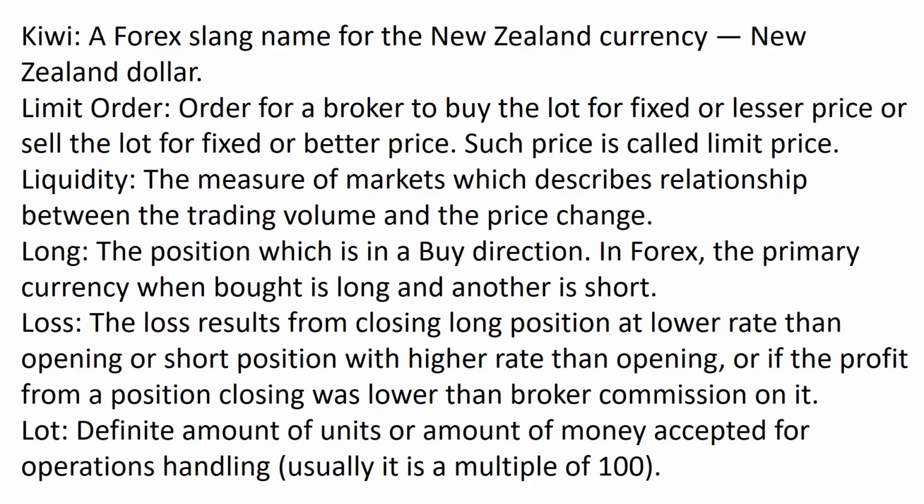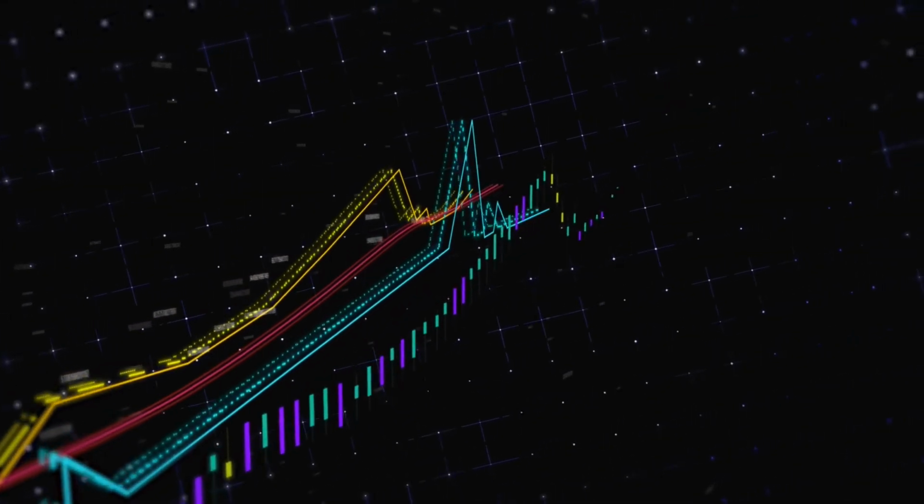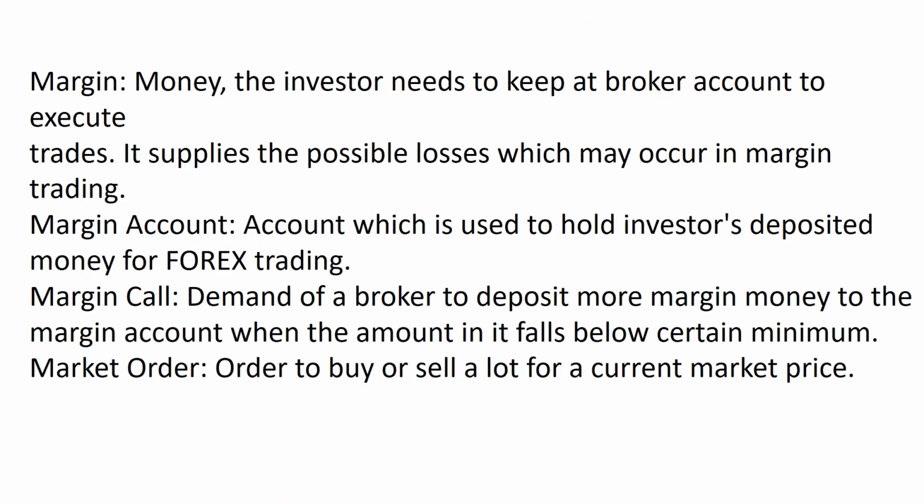Lot, a definite amount of units or amount of money accepted for operation handling. Usually it is a multiple of hundreds. Margin, money the investor needs to keep at the broker's account to execute trades.